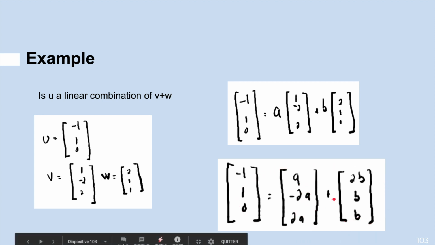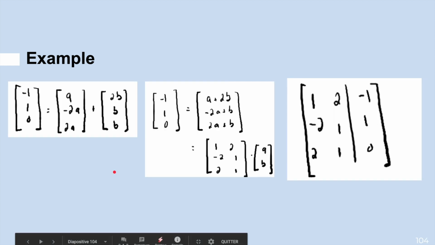To do that, I'm going to apply my normal rules that I know, and hopefully you know too. So I have scalar multiplication, which means a times 1, a times negative 2, a times 2, same for b. I just rewrite it like this.